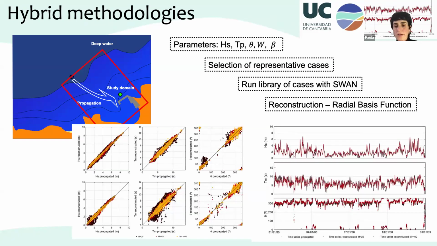This is just a comparison of how this technique works, in terms of a scatter plot and time series of significant wave height, mean period, and mean direction. A comparison between propagating hourly states dynamically or using this hybrid method.